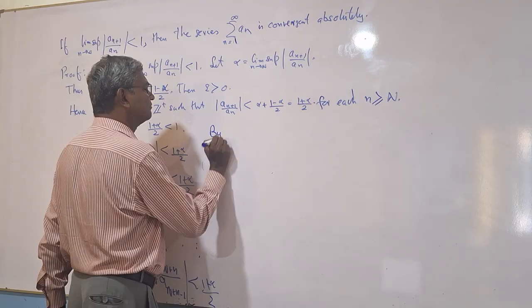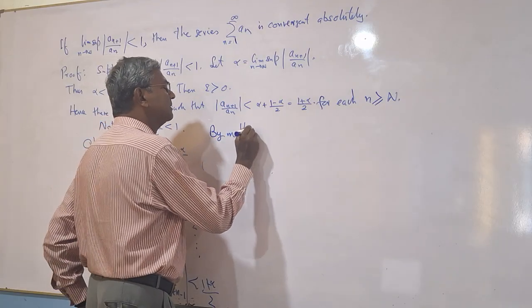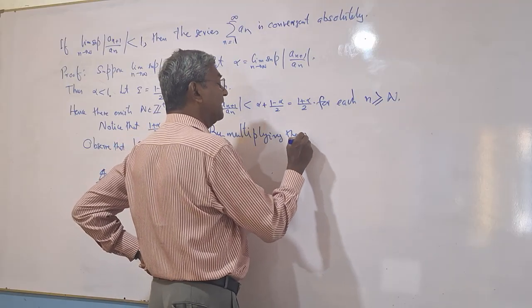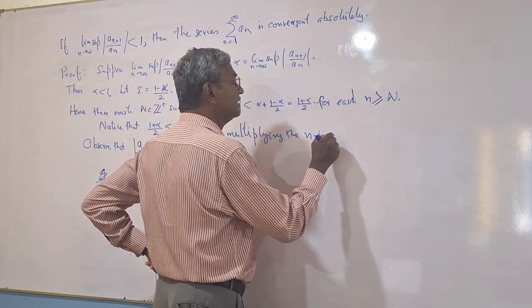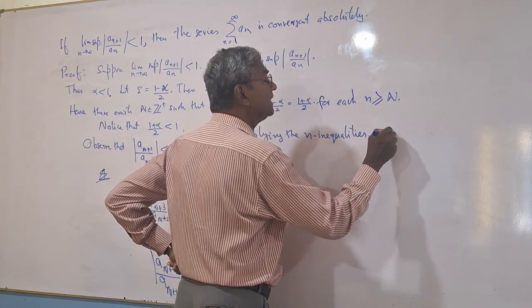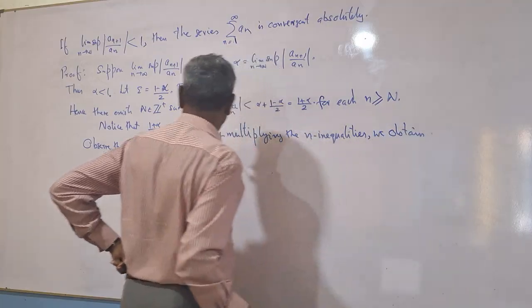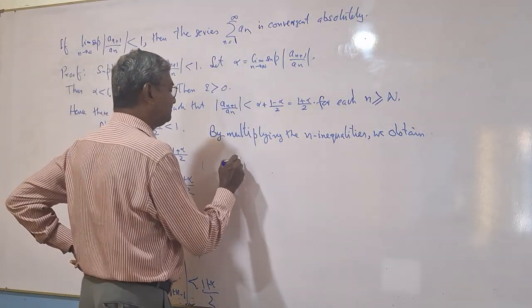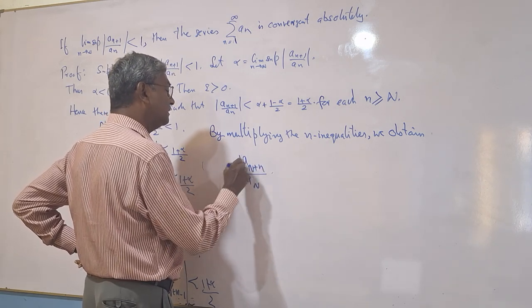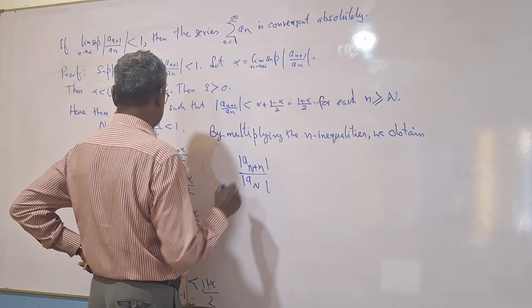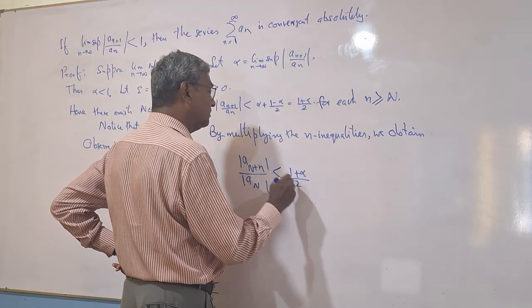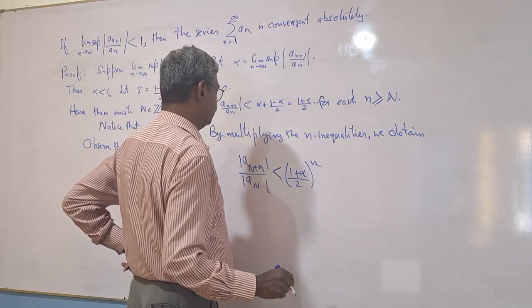By multiplying the inequalities, we obtain |a_{N+n}| divided by |a_N| is less than ((1 plus alpha) divided by 2) raised to the power n.